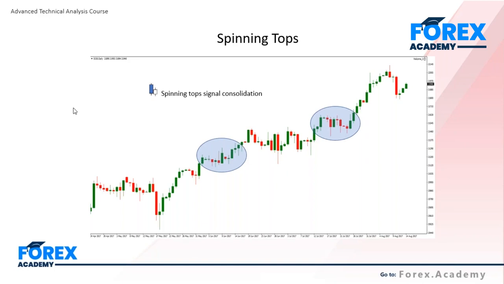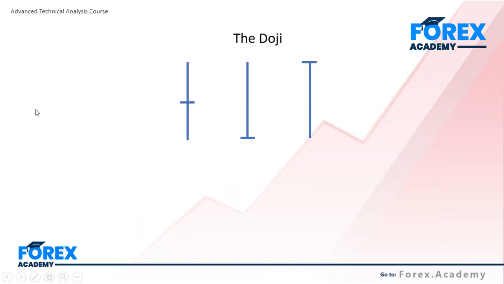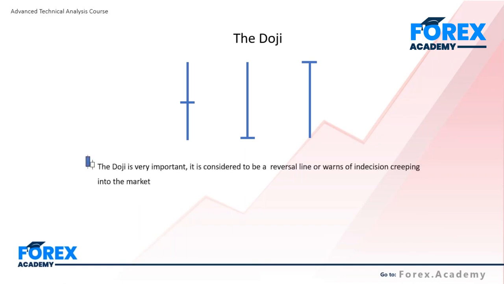The doji. This is a pattern that we actually looked at when we were looking at the components of a candle. Essentially, the doji is a candle pattern where the open and the close are at exactly the same level or very close to each other. This is regarded as a very important pattern. It is considered to be a reversal signal and warns of indecision creeping into the market.